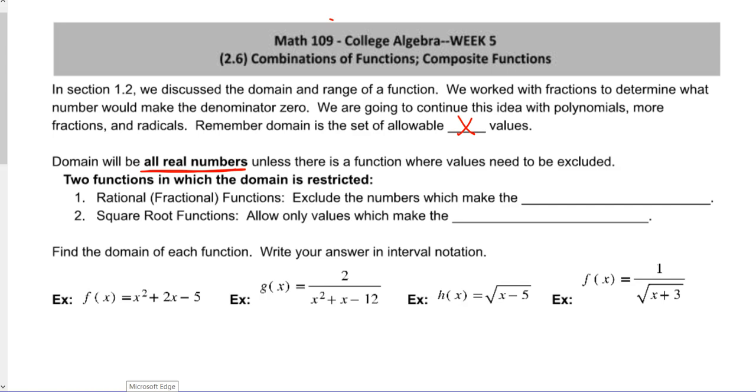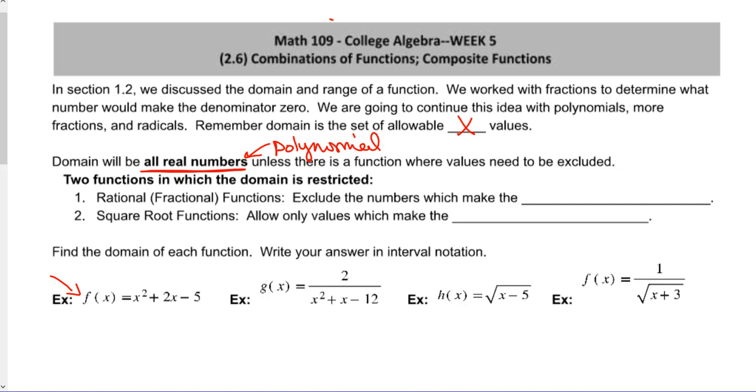Anytime you have a polynomial, which this is one down here, there is not any number that you can't do those operations on. So for a polynomial function, we will have a domain of all real numbers, okay? So our cubes, our squares, anything like that, we will have an all real domain.